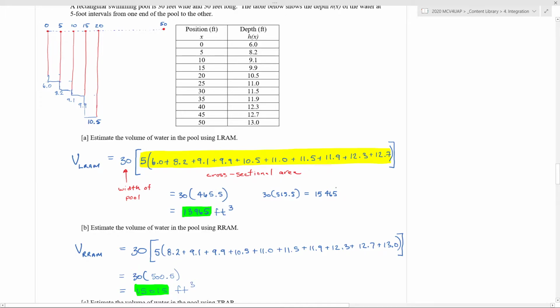I'm getting the same answer for this one. Okay, then maybe I'm wrong. Is anybody else getting 500.5? Sir, I got the same as Lori. Yeah, I got the same as Lori too.